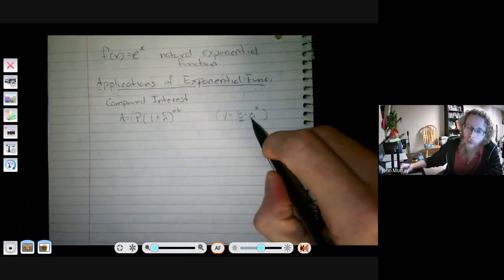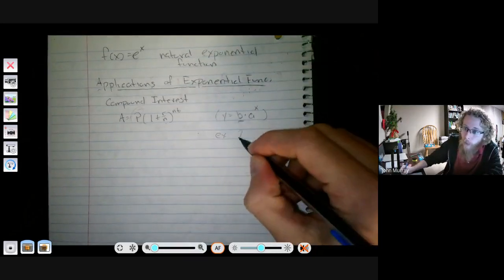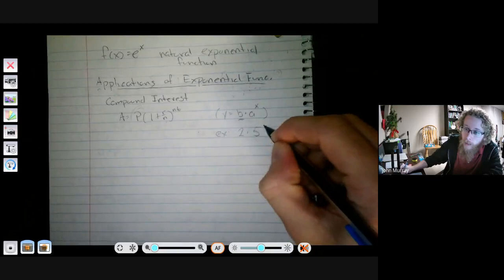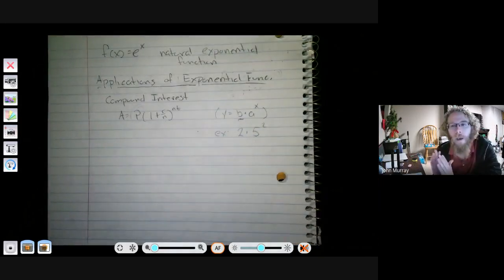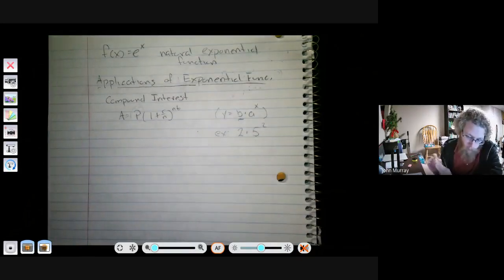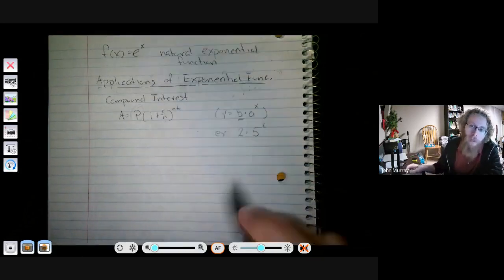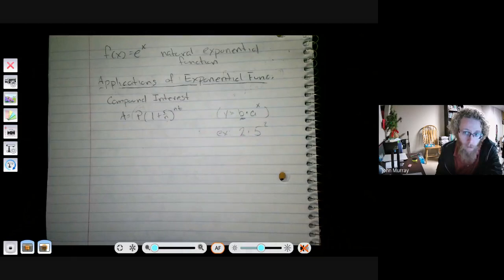Looking at this form over here, okay, if you have to calculate something like 2 times 5 squared, we have to follow our order of operations. All right, parentheses and exponents come first. Do not, I cannot emphasize this enough, do not multiply 2 times 5 and then square that.